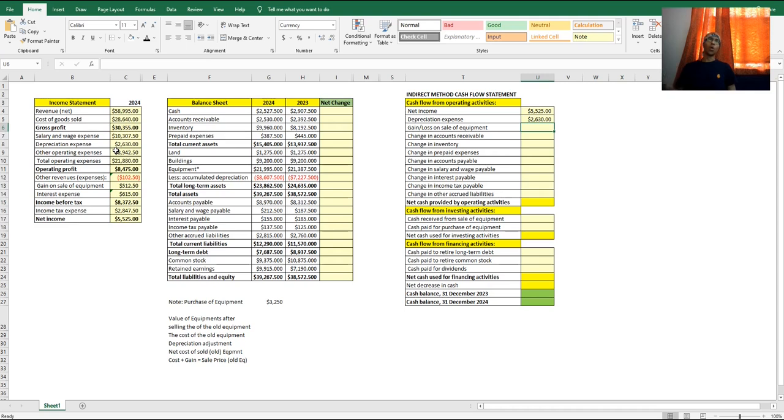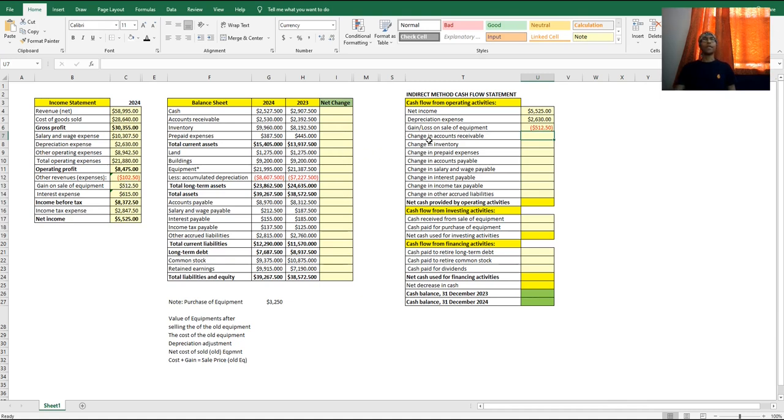Now this is a non-operational item. So if there is a gain, we have to enter it as a negative number because it will be deducted from cash flow from operating activities. So here we see there is a gain, so we enter it as a negative number: negative 512.5.